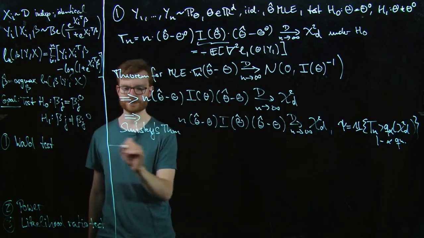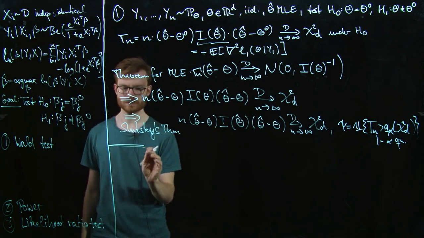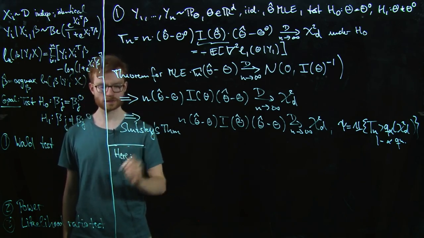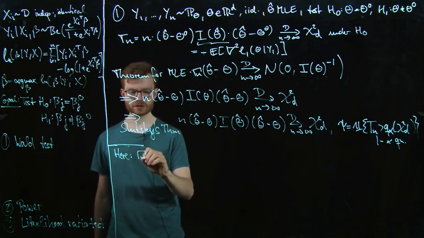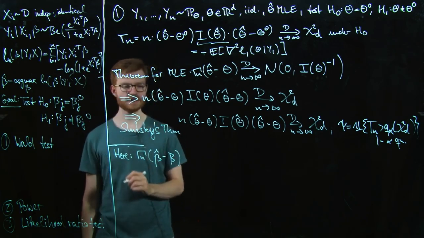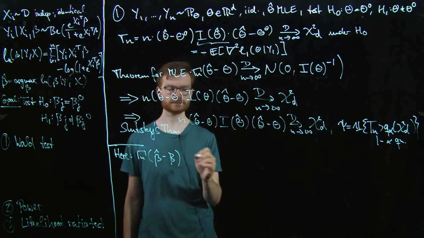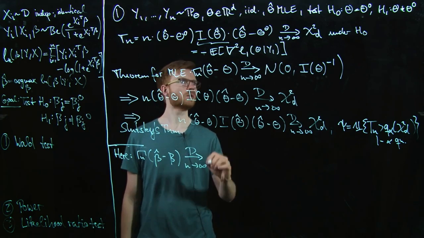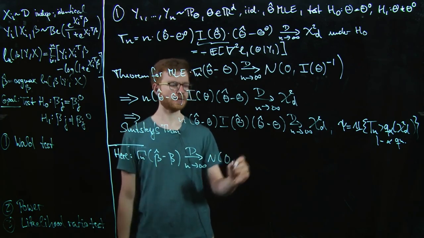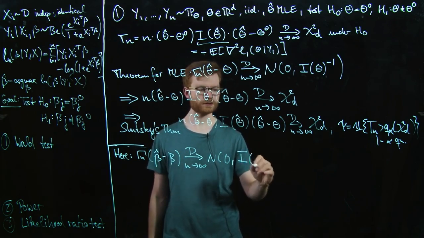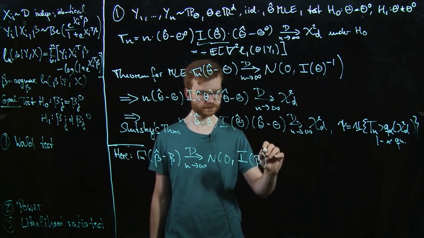All right, so here we will still have square root n (beta hat minus beta), the underlying true beta in our model, go in distribution by the same theorem to a normal distribution with the information inverse.